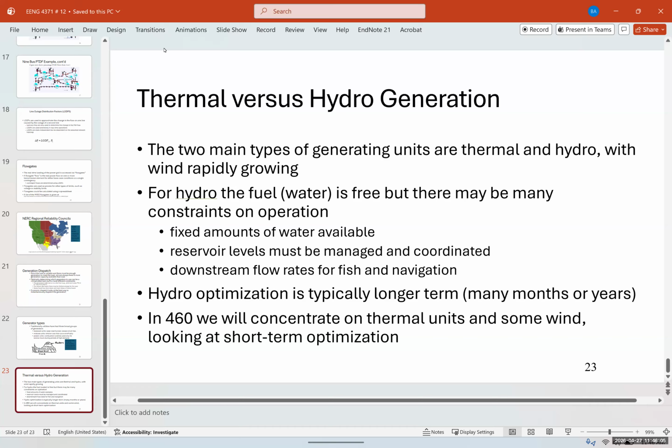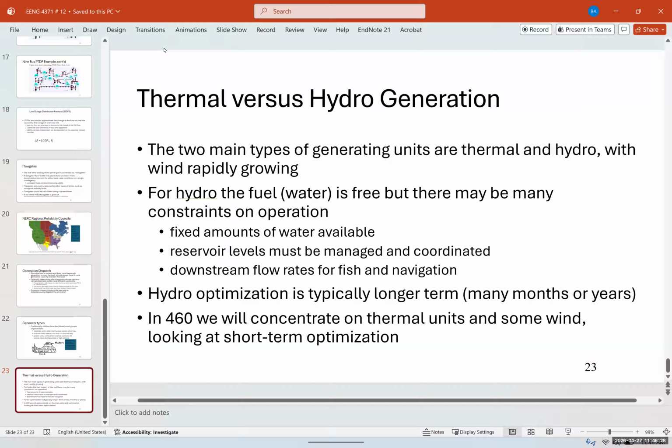So as mentioned, the two main types of generation we deal with are thermal and hydro. For thermal units, fuel is purchased continuously and the cost per megawatt hour is well defined. So short-term optimization is straightforward. For hydro, water is free but limited.